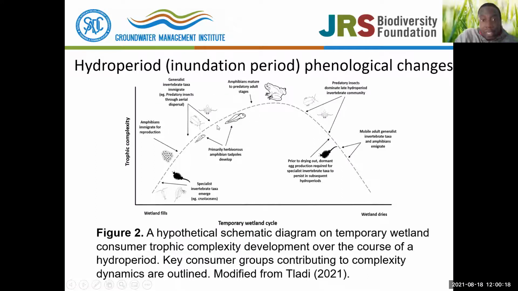And then with time, your wetland specialists fall off because of the predation pressure that is increasing within this wetland pond. But as the pond starts to dry out, the predatory insects start to dominate within these wetland systems, and your frogs start moving away or start to hibernate.